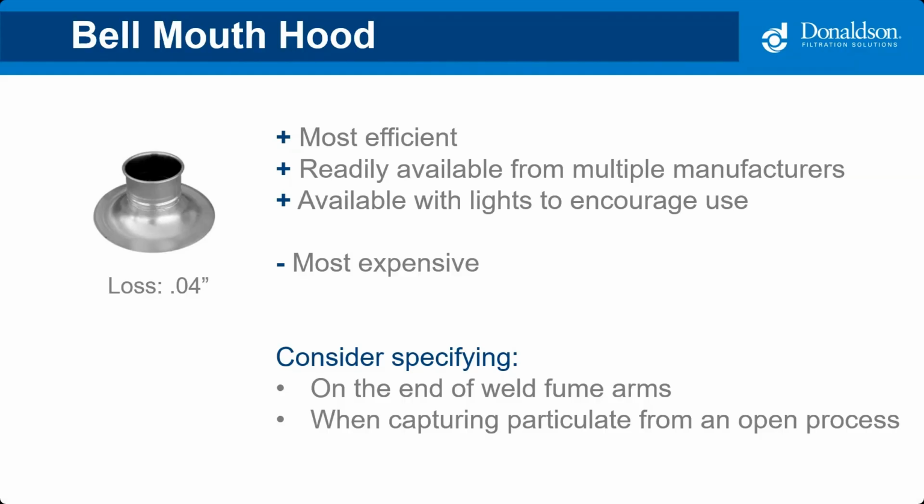That's where you typically see a raw edge opening, on an ambient weld fume capture, where you just see a raw edge, whether square or round, sticking up from a big duct. Replacing those with bell mouths has substantially improved efficiency of capturing that ambient dust that's in the atmosphere.